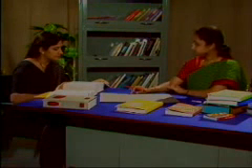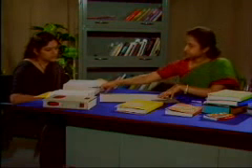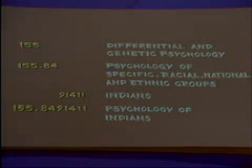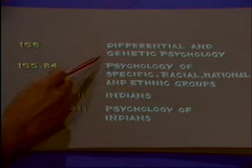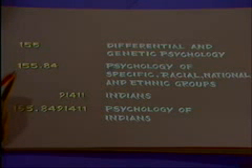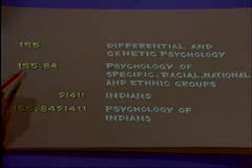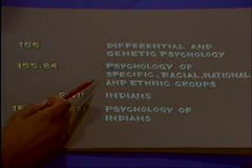Now let me show you how I have worked out the number for this document. (155) stands for differential and genetic psychology. Under this, the number 155.84 stands for psychology of specific racial, national and ethnic groups.